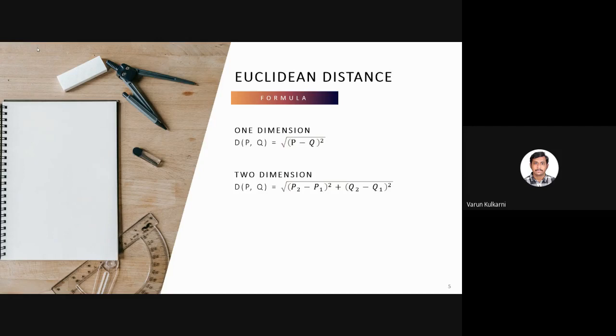So P2 minus P1 whole square plus Q2 minus Q1 whole square, and the square root of that. So this is how we calculate distance of dimensions. We can carry on this for n dimensions. If you want p, q, and r, then r2 minus r1 whole square will be added to the last. So this goes on until the nth dimension.